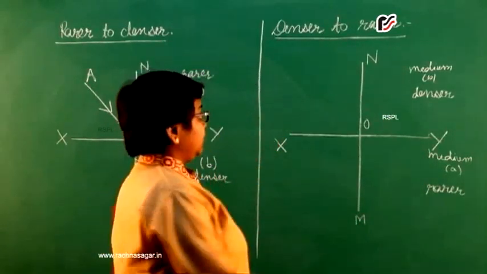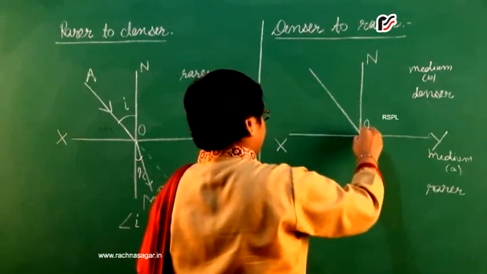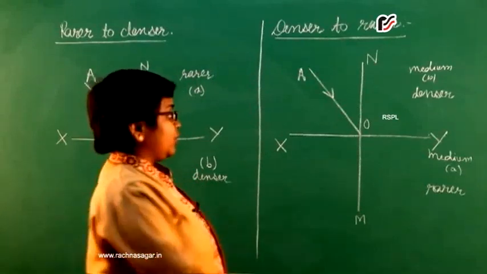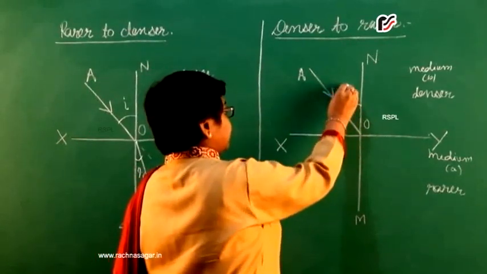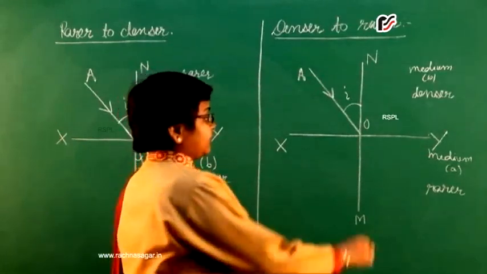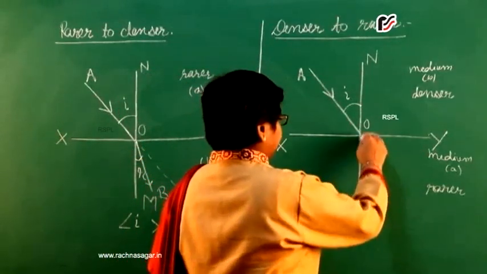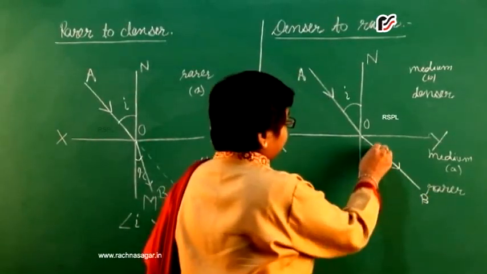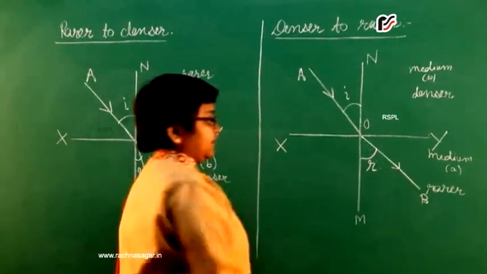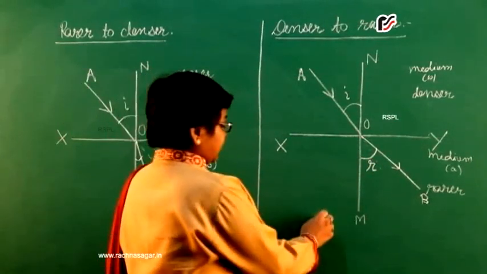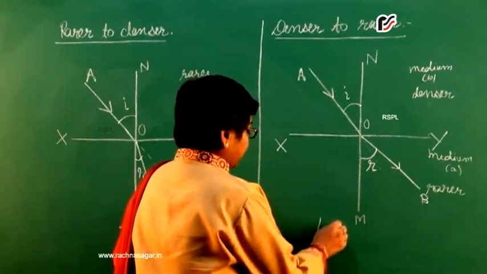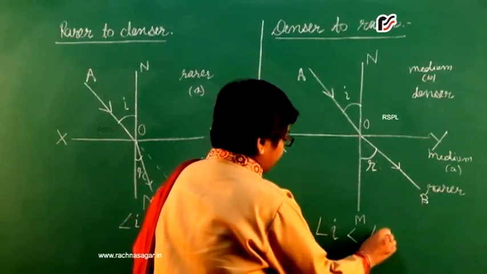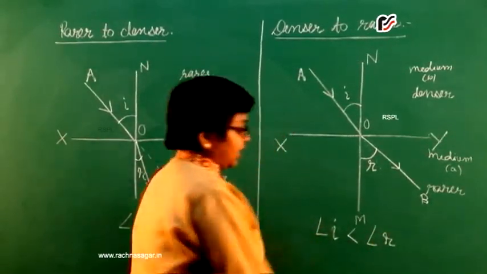NOM is the normal, and ray AO is incident at point O at an angle of incidence I. Then after refraction it bends away from the normal like this. In this situation, the value of angle I is less than the value of angle R.